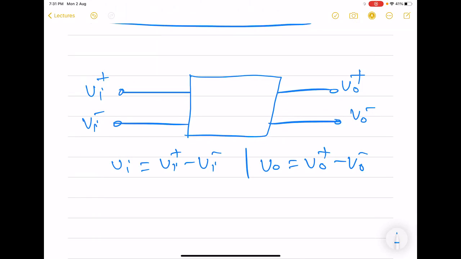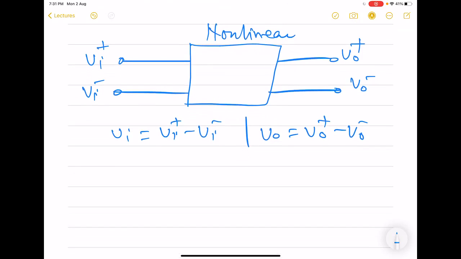Now if we have this type of amplifier, let us see what will happen to the output for a non-linear amplifier. So this is non-linear, and we will consider non-linearity up to third order.